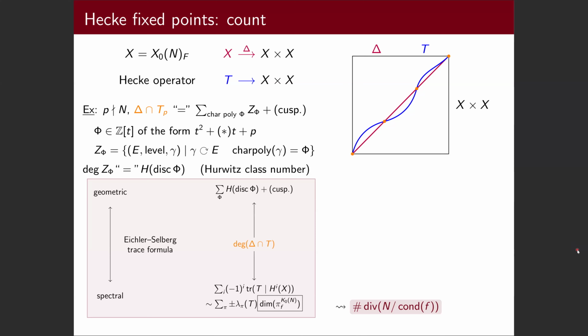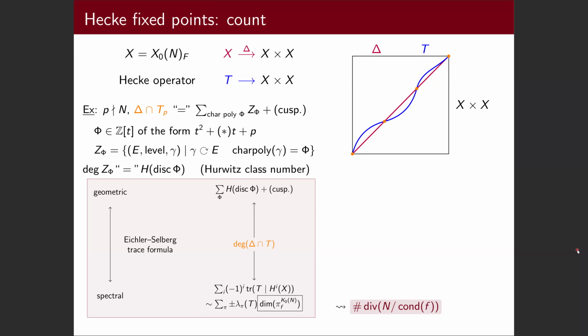And so in more trace formula language, those Hurwitz class numbers, indexed by characteristic polynomials here, correspond to elliptic orbits in the trace formula. And those cuspidal terms, which I mostly ignored, correspond to hyperbolic orbits in the trace formula.